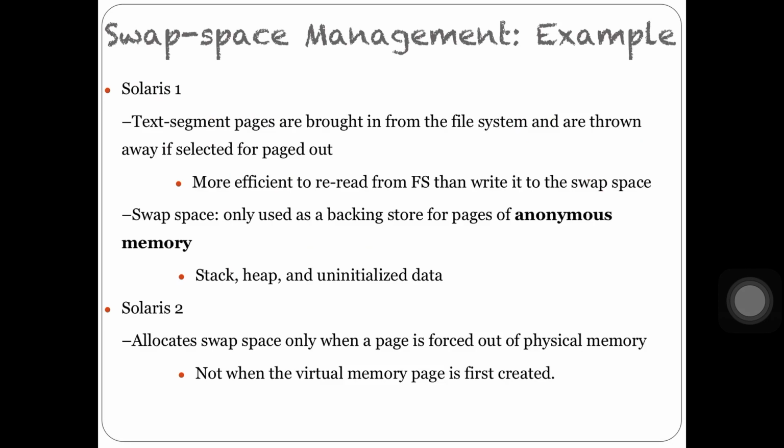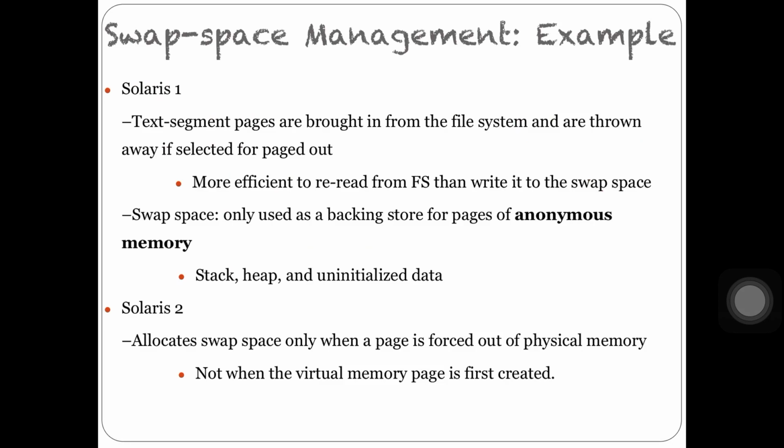And lastly, we will see swap space management with one example. To illustrate these methods to manage the swap space, we'll see the example of swapping and paging in Unix. Unix evolved to a combination of swapping and paging as paging hardware became available.